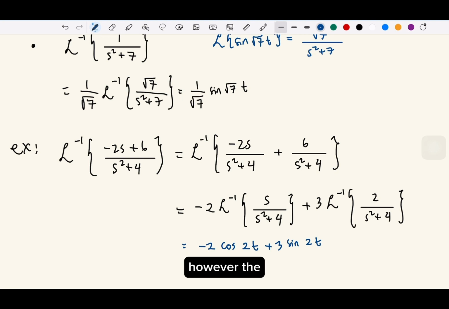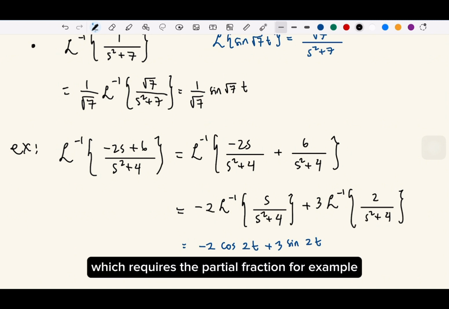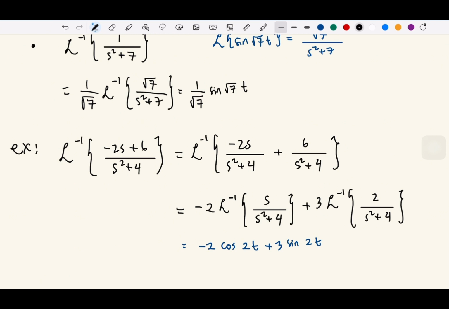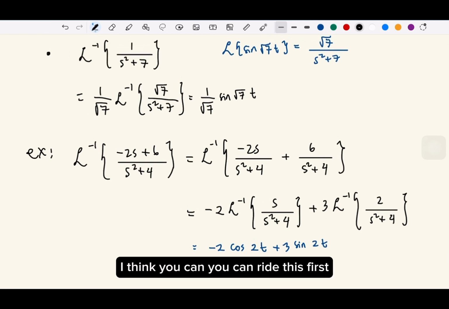However, the case can be much more complicated, which requires the partial fractions. For example, I think you can write this first. I will wait for a couple of minutes.